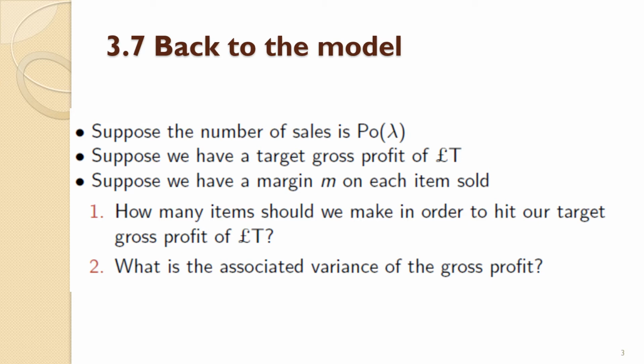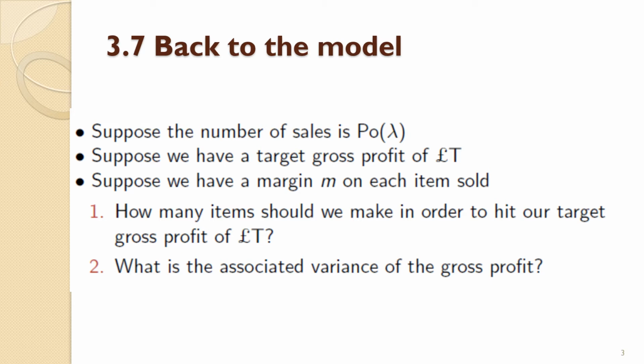Suppose you have a margin M on each item sold. How many items should we make and sell in order to hit our target gross profit of £T? And then, what is the associated variance of the gross profit? So this is a very simple mathematical model which is aiming to abstract from some fundamental principles of value creation.